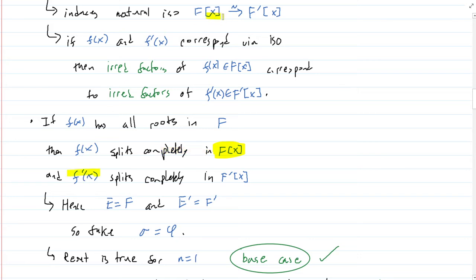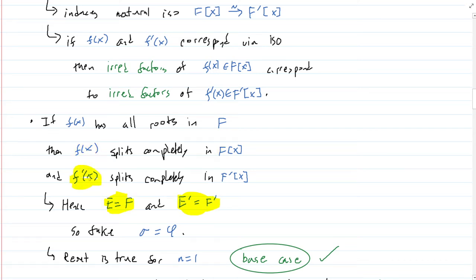And via the isomorphism, we know that f prime(x) also splits completely in the corresponding polynomial ring F prime[x]. So since f(x) splits completely in this field, the splitting field of this polynomial is just the ground field F, right? So E equals F, and furthermore, E prime equals F prime.